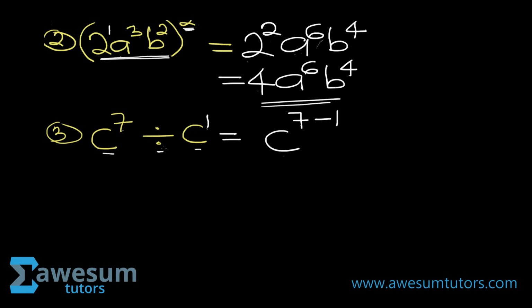Because it is division, we are going to subtract, and then 1, I bring 1 right here. So my final answer is going to be c raised to the power of 7 minus 1. That is 6. So my final answer is c raised to the power of 6. Very good, guys. Very good.